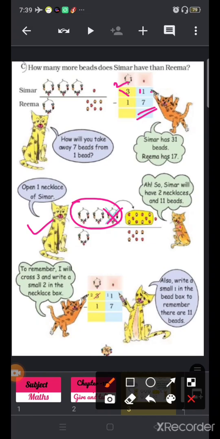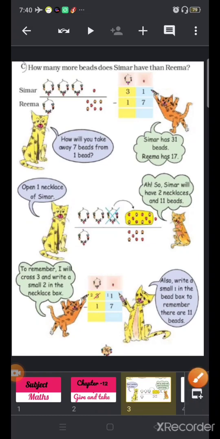Here the cat has already done it. She has put one here, crossed this 3 and written 2. When 3 gives one to 1, 1 becomes 11 and 3 becomes 2. Now let's move on to the next page.